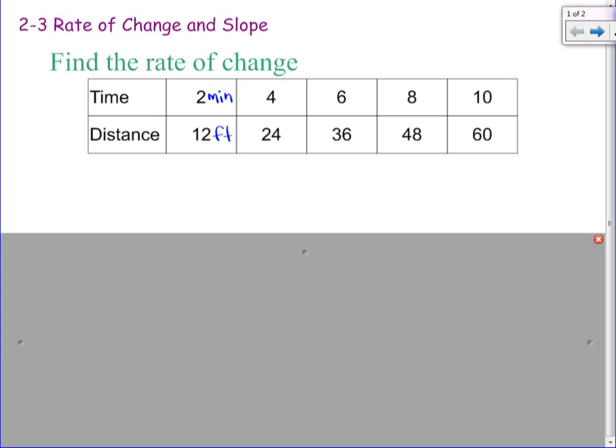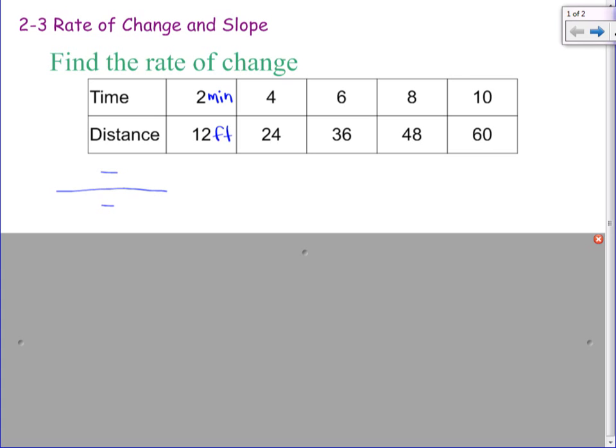Okay, so if we're looking at the rate of change, how would we do that? Which one would be, what pattern would we be looking at? We're going to have to do some subtracting.